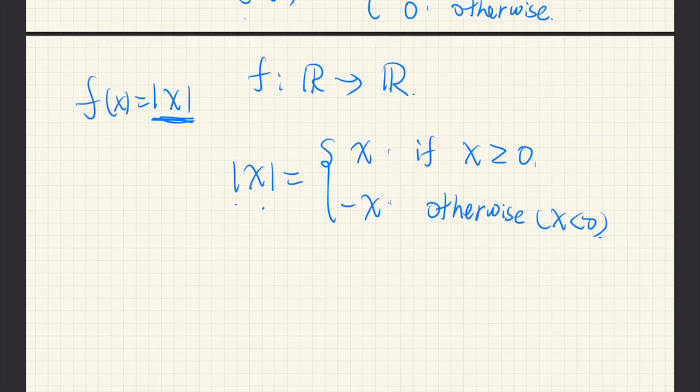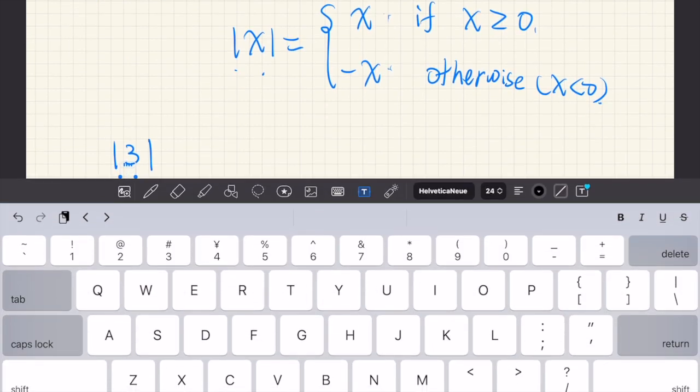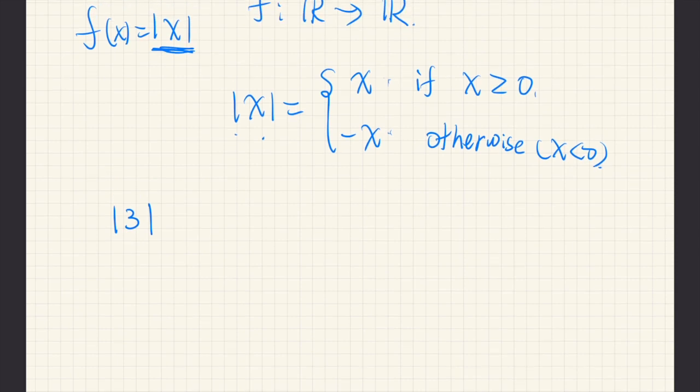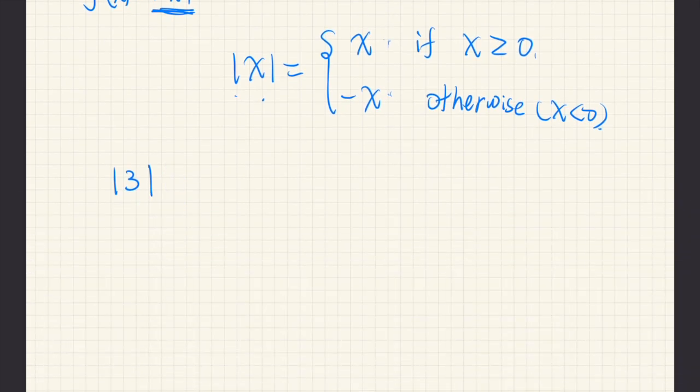Many students have forgotten this definition, so let's review this a little bit more. So for example, the absolute value of 3, according to this definition, this 3 is positive, right? Therefore, we have just 3.